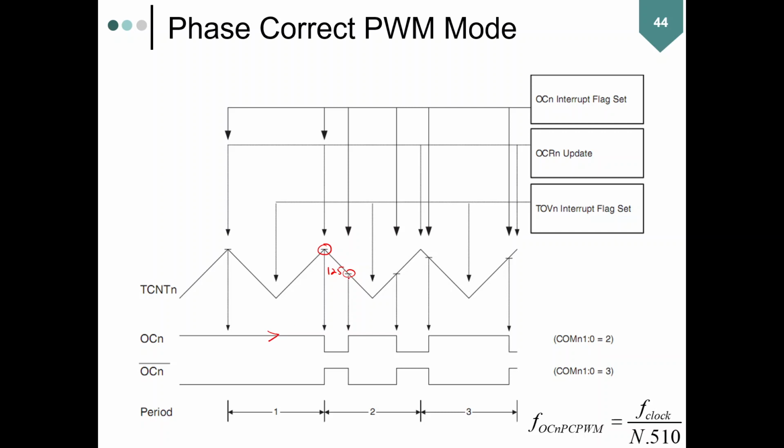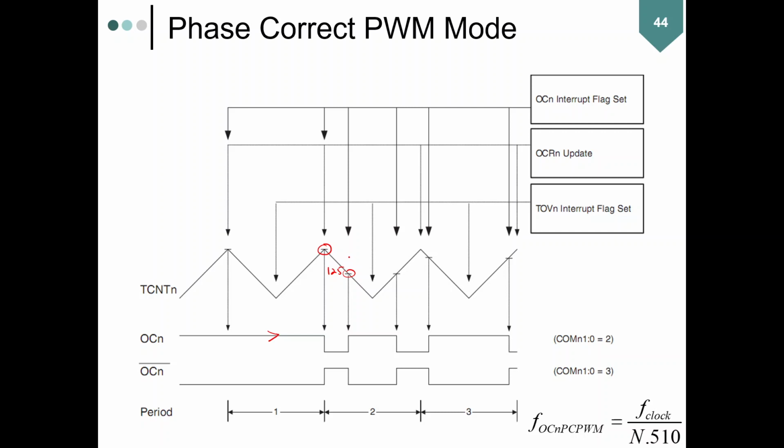At this point on the down counting, you set the value of the output compare register to something different than max.